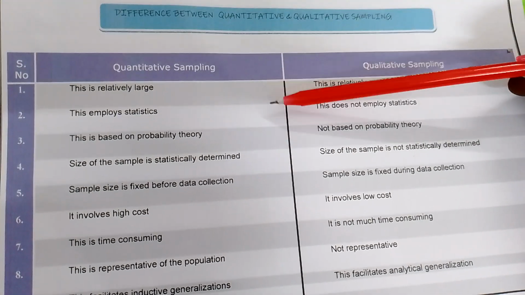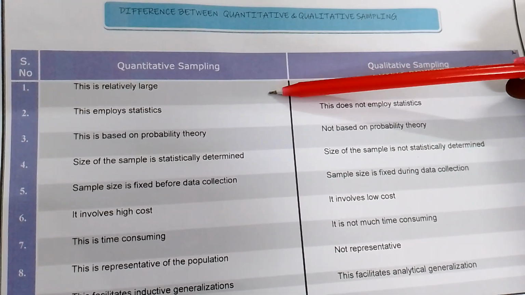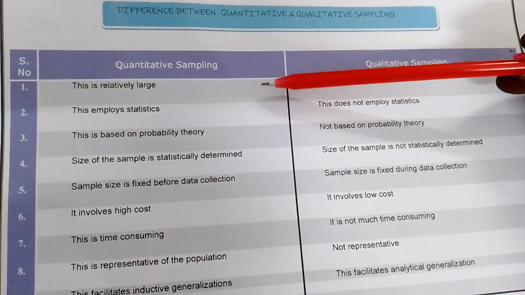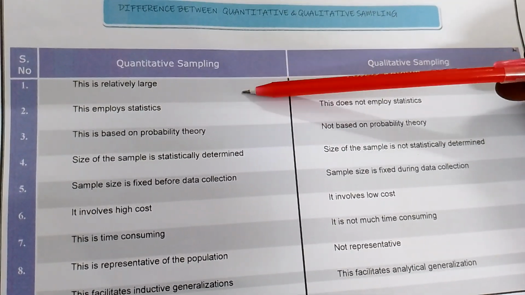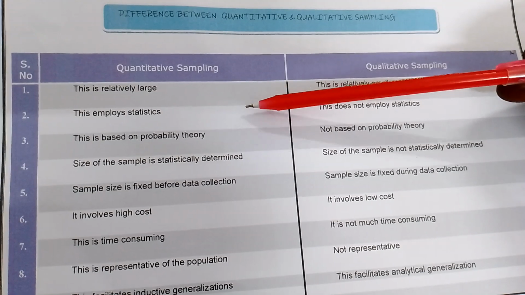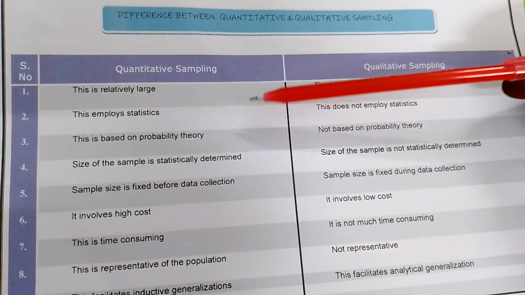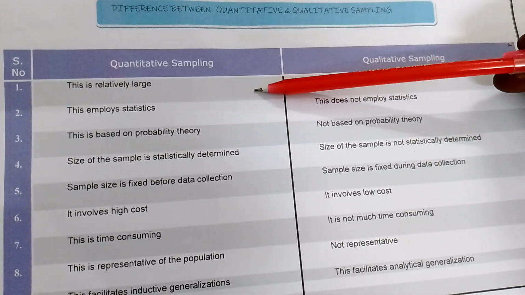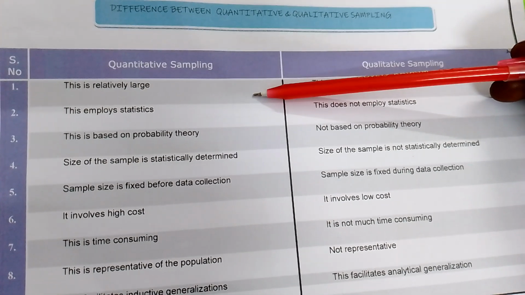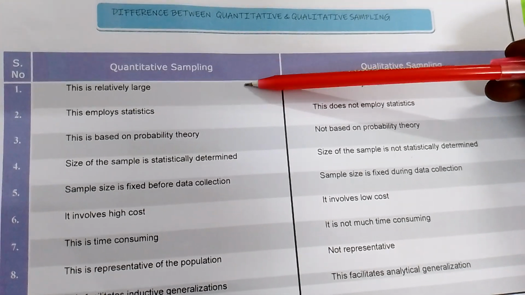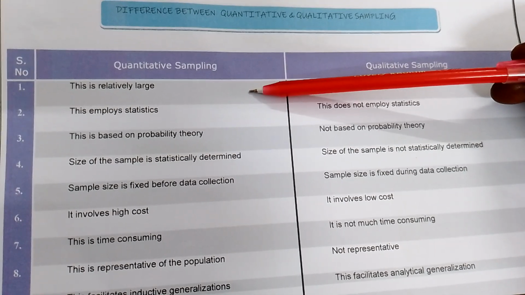Nowadays we are doing multi-design studies, so you can use the quantitative sampling technique and also collect data on their experience. For example, one time we did research on how people were affected by the flood. In 2015 the flood affected Chennai.